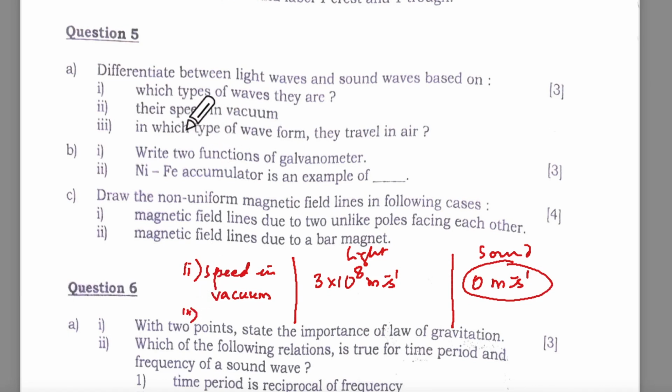What is it? In which type of waveform they travel in air? Okay, so waveform in air. Which waveform does light travel in air? Sound in air will be longitudinal, correct? Yes. So this will be transverse.